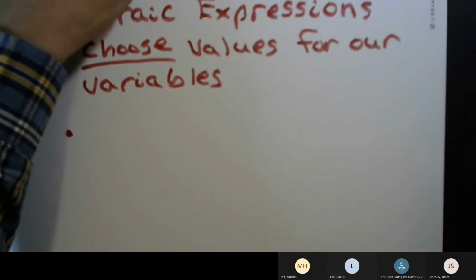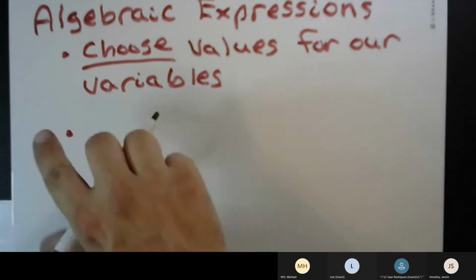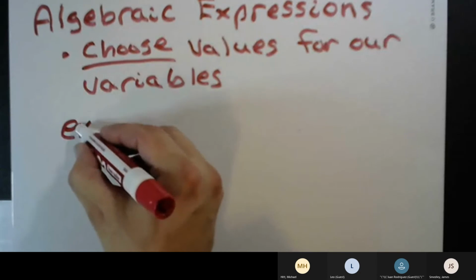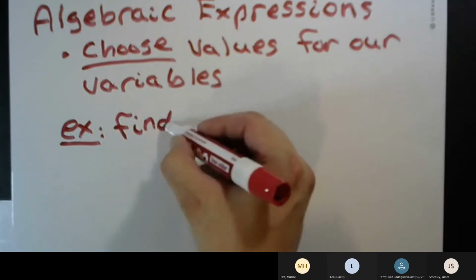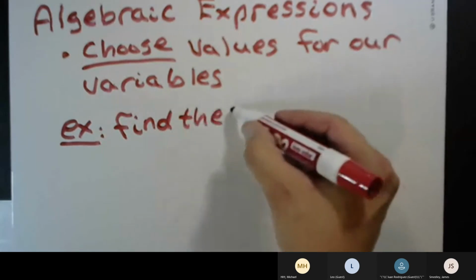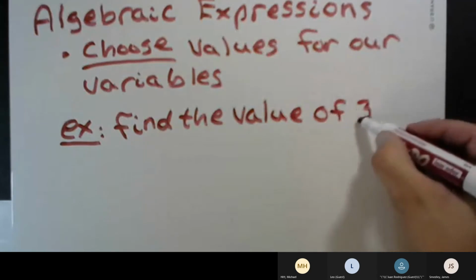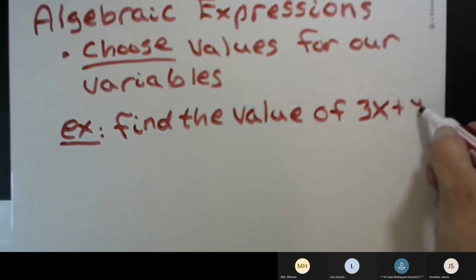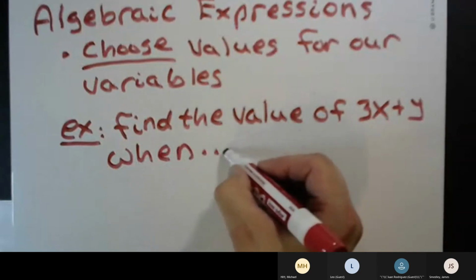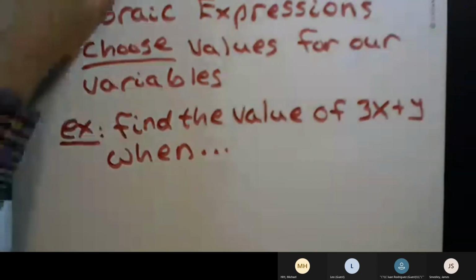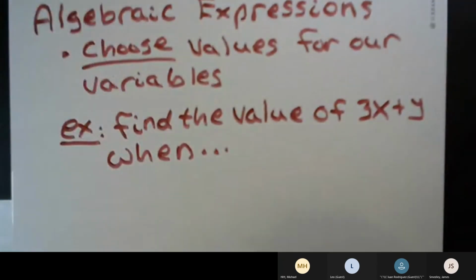So, for example, well, we're going to choose some values for these variables, for x and for y.